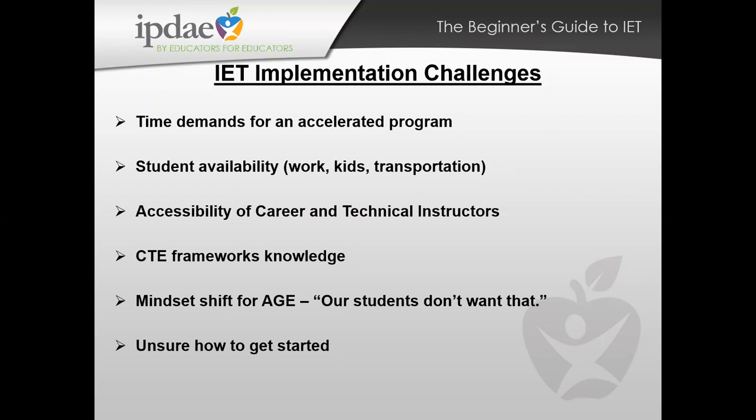So, trying to just get away from this idea that, when we've had a student in our class that didn't need that or didn't want that, that prevents us from providing this type of opportunity for the rest of our students. And finally, implementation challenges. Really, we're talking about a lot of monumental shifts, not just in mindset, but in the infrastructure and operation of our program. So how do we go ahead and get started with that?